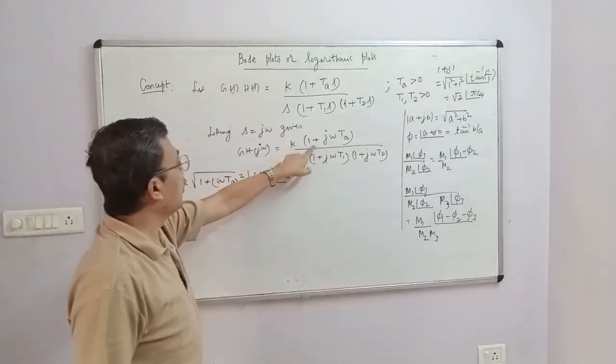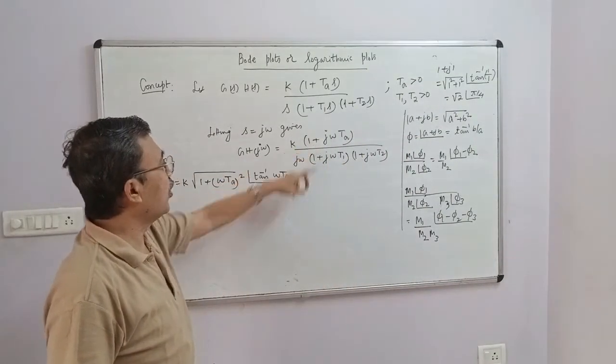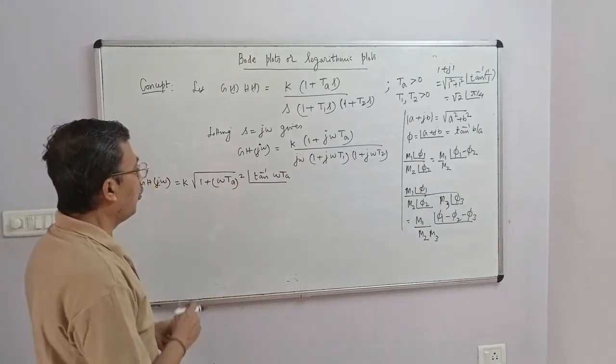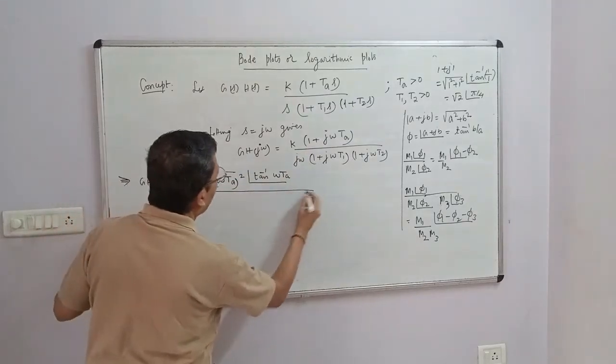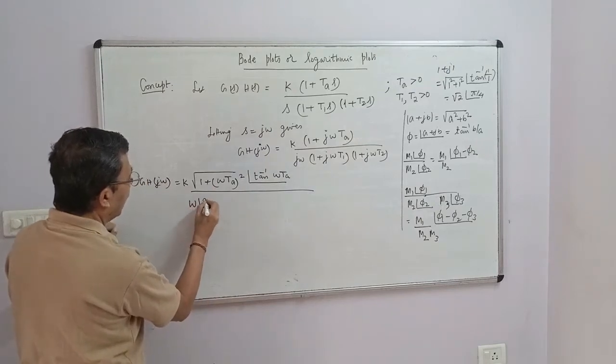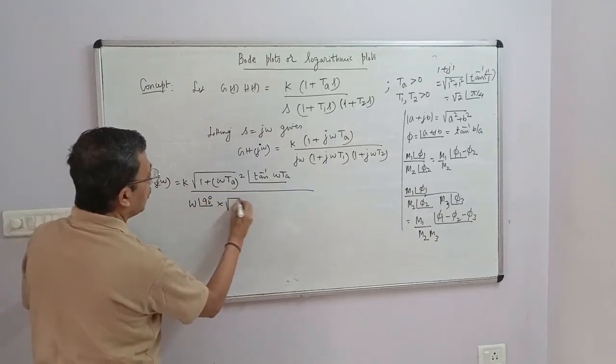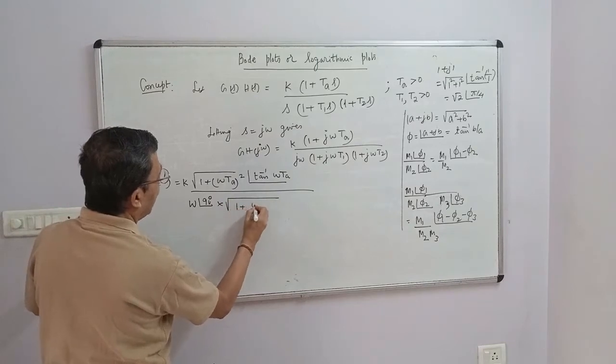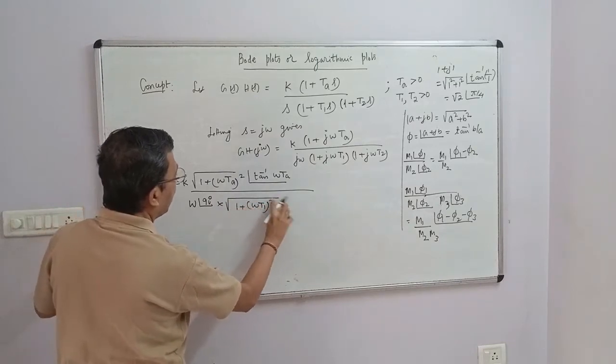Each complex number which is in the rectangular form will now be expressed in the polar form. Divided by j omega means magnitude is omega, angle is 90 degrees, into the square root of real part square plus imaginary part square.